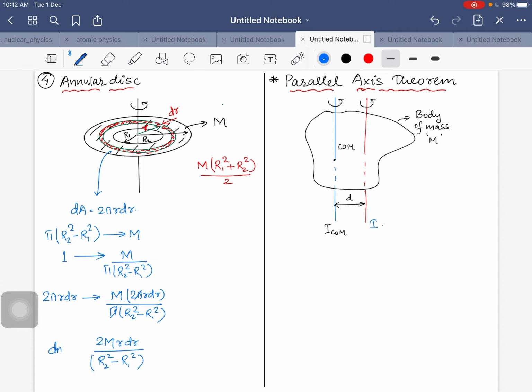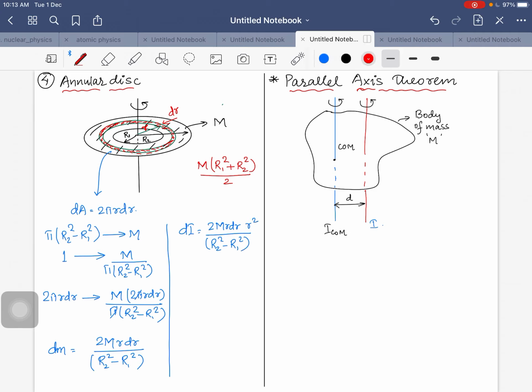What came out is the mass of the ring that we took, and the radius is r. So what will be the moment of inertia of this ring about this axis? It will be m r square. So mass we need to put. See, the small moment of inertia dI will be equal to the mass, that is 2m r dr divided by R2 square minus R1 square, into the radius square, r square.